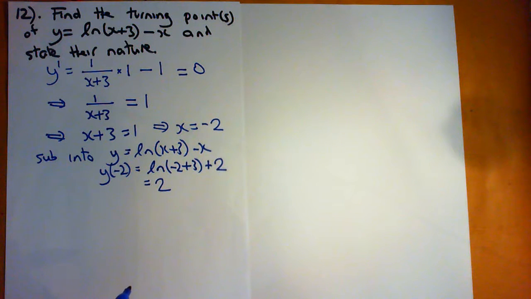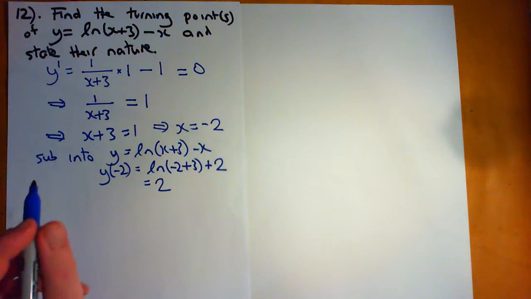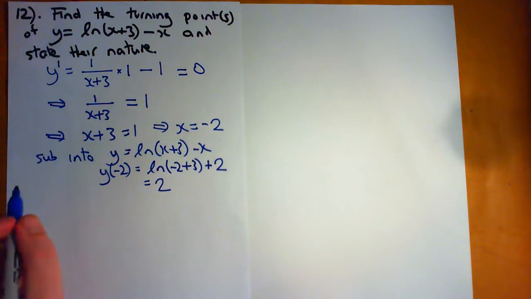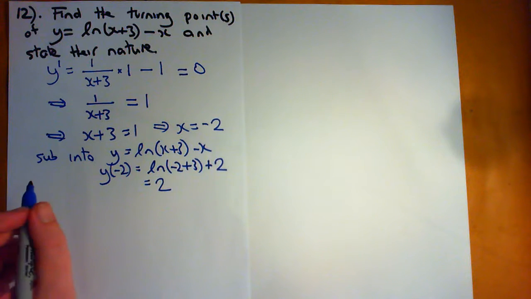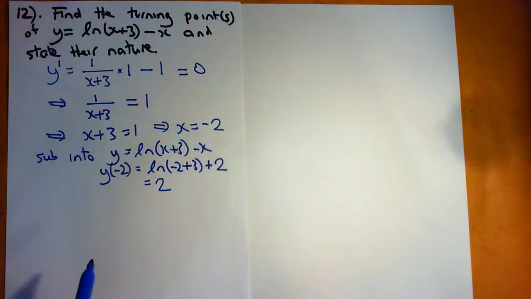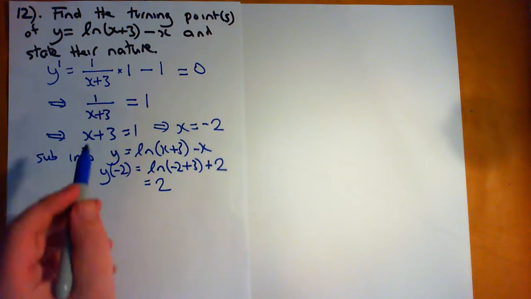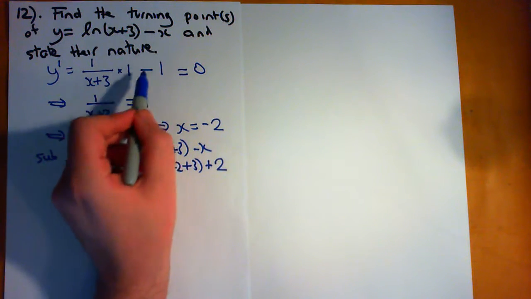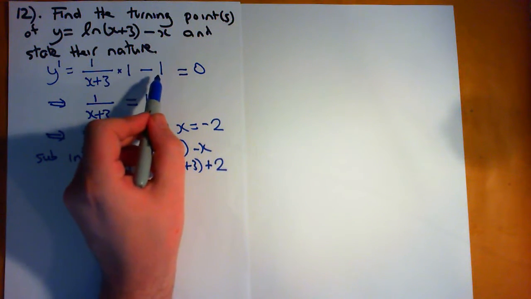Now we need to work out what the nature is, so we'll need the second derivative. Second derivative means differentiate the derivative. So we want to differentiate the 1 over (x plus 3). The minus 1, when you differentiate that, you'll get 0.